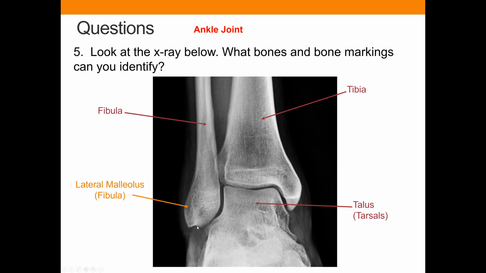I can also see the lateral malleolus of the fibula. This forms your outer ankle bump, so the bump at your ankle on the outside of your legs. And over here we have the medial malleolus, which is on the tibia, and this is the ankle bump on the inside of your legs on the same side as your big toe.